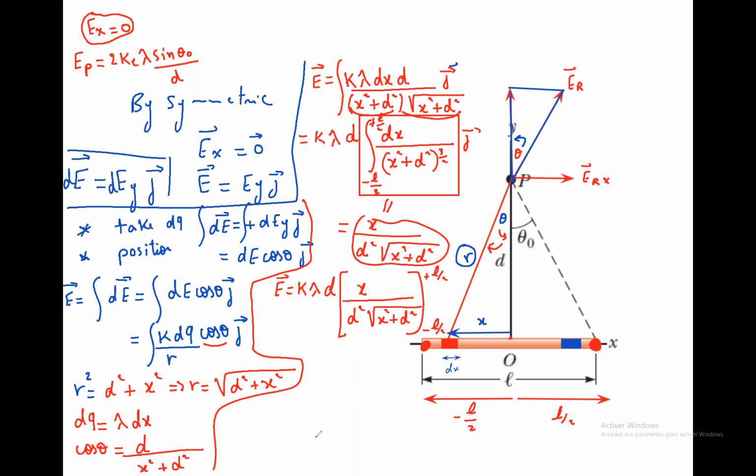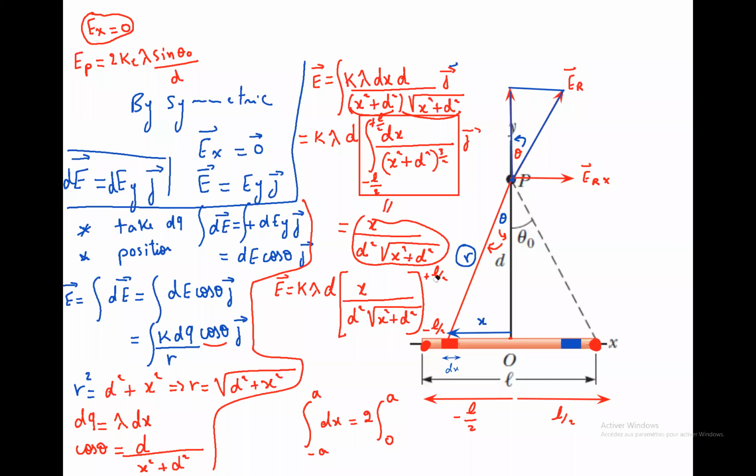Listen, it's important to know that if we have an integral from minus a to a of a function dx, it is equal to 2 times the integral from 0 to a. You can write this.